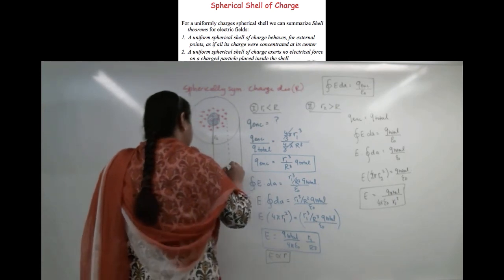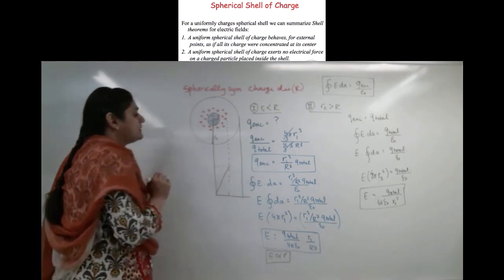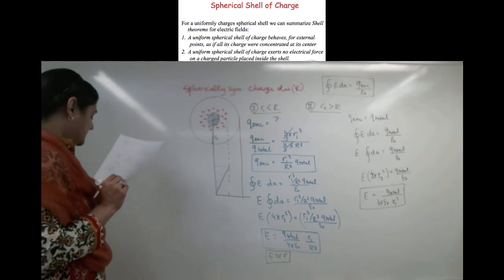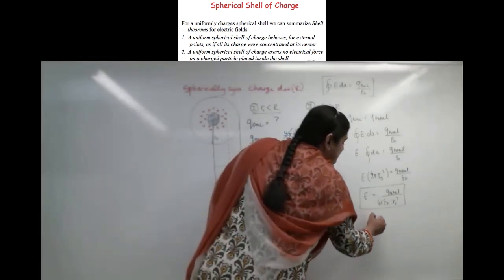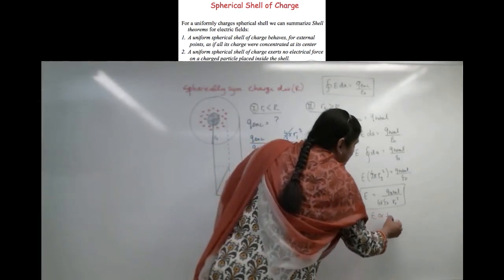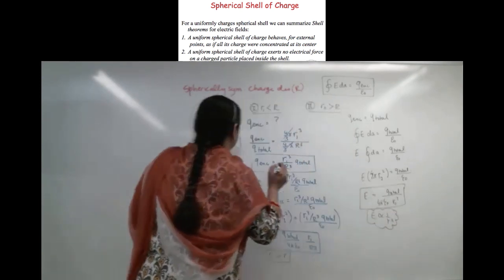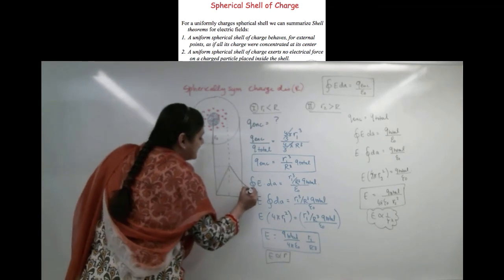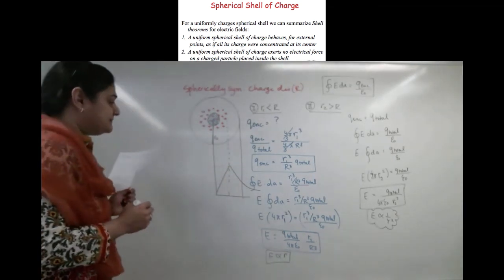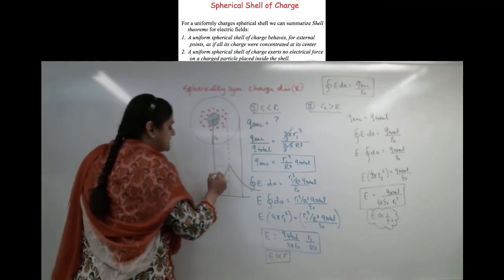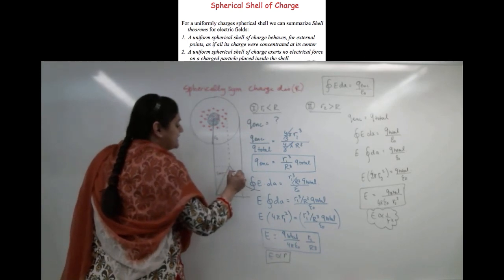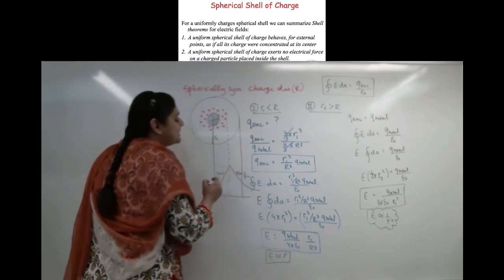It goes up until here, which is big R. And once that happens, E becomes proportional to 1 over r squared, right? So then it decays off, just like the case before. In this region E is proportional to r, and in this region E is proportional to 1 over r squared.